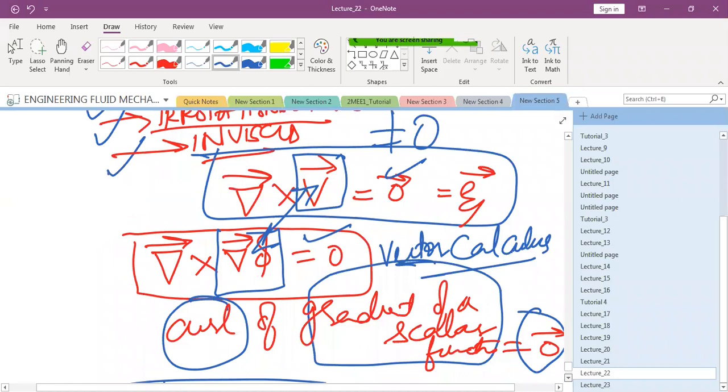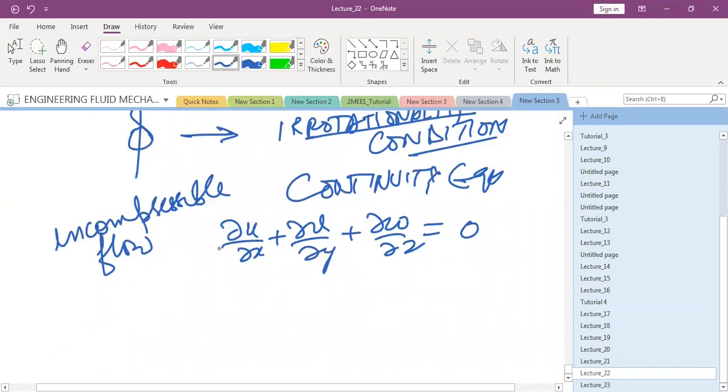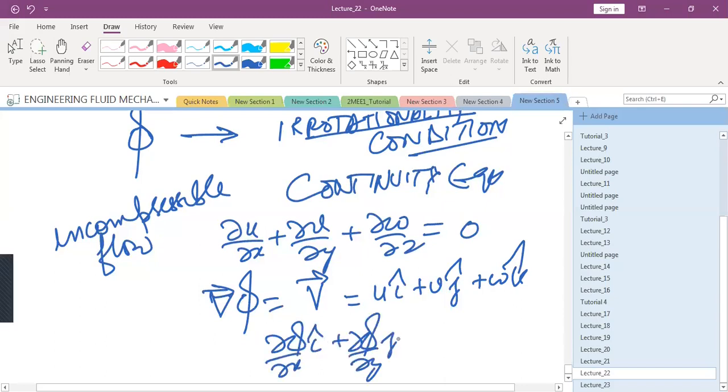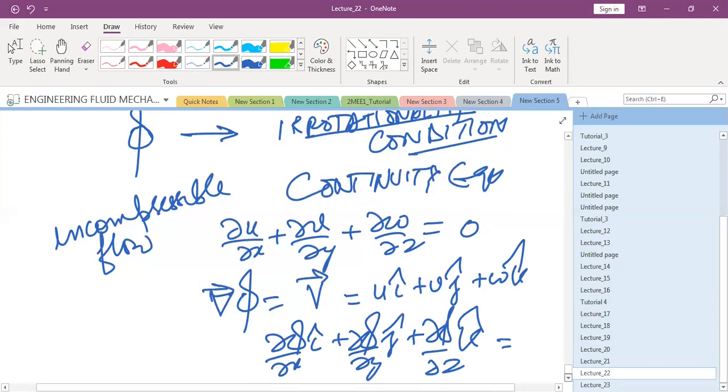So you know that del phi is equal to V. What is V? Ui plus Vj plus Wk. And what is del phi? Curly phi by curly x i cap plus curly phi by curly y j cap plus curly phi by curly z k cap. So you are equating the two. What do you get?